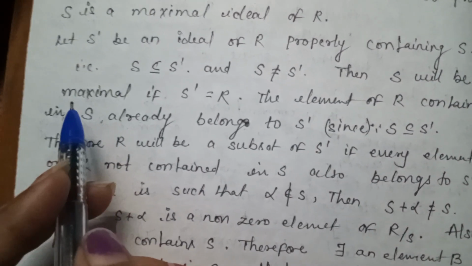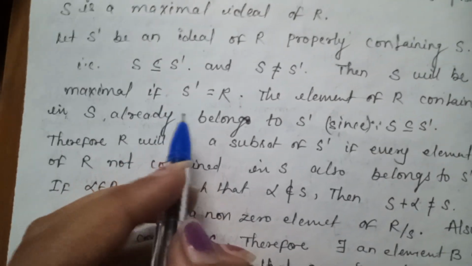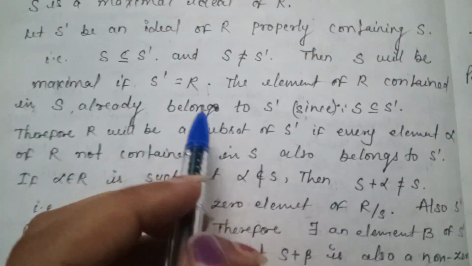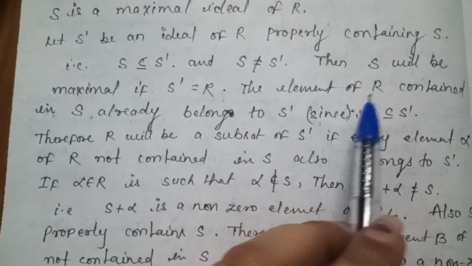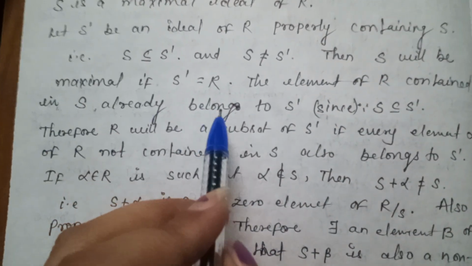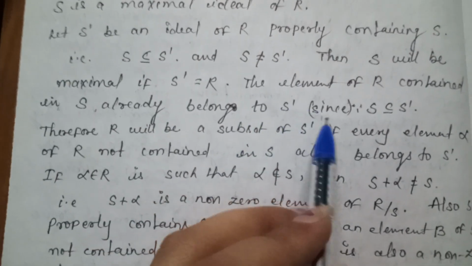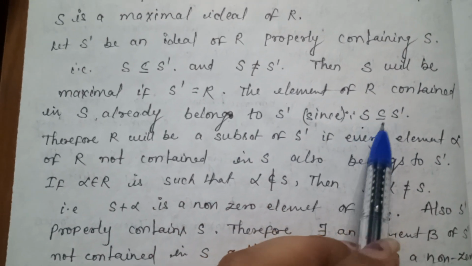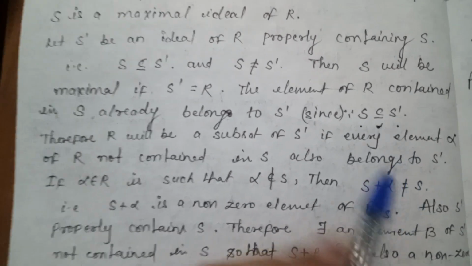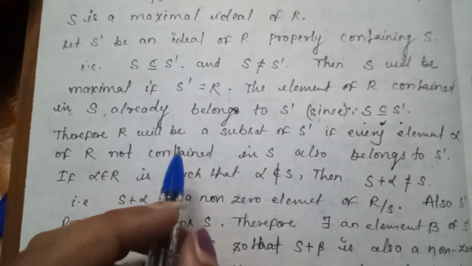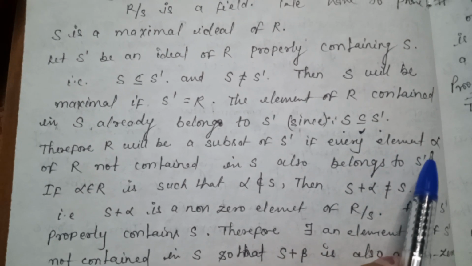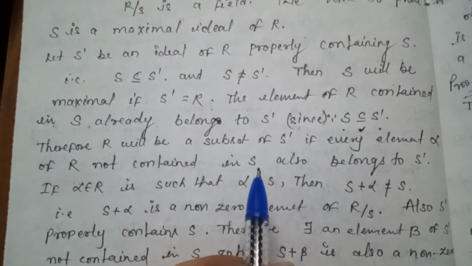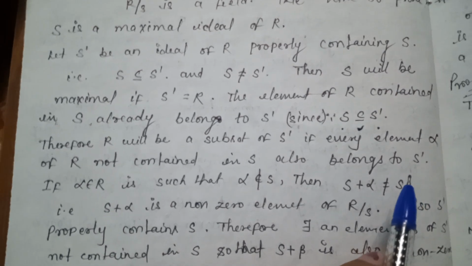S will be maximal if S' is equal to R. The elements of R contained in S already belong to S'. Since S is a subset of S', R will be a subset of S' if every element alpha of R not contained in S also belongs to S'.